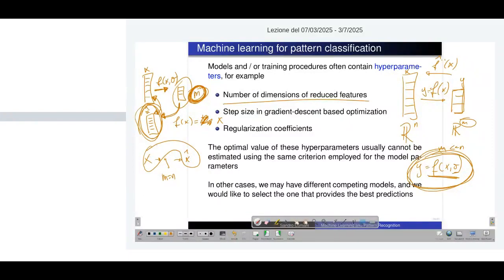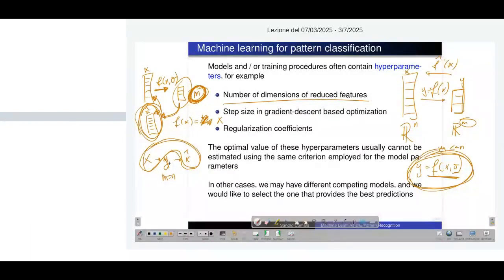So if I cast my problem as finding a transformation such that when I compress and decompress my data, I get the decompression that is as close as possible to the original data, and I optimize this with respect to the size of the intermediate space, the one where I reduce, then I get the trivial solution. I can minimize my reconstruction error by simply setting the dimensionality of the reduced space equal to the dimensionality of the original space. So I have the trivial solution.